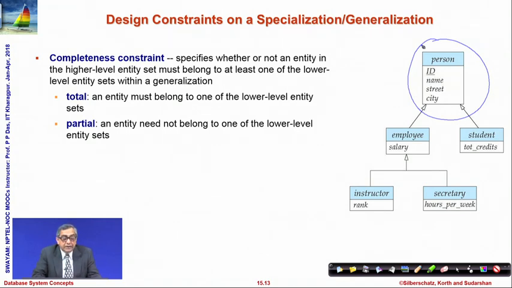If it is guaranteed that an entity must belong to one of the lower level entity sets, we say that it is a complete specialization.